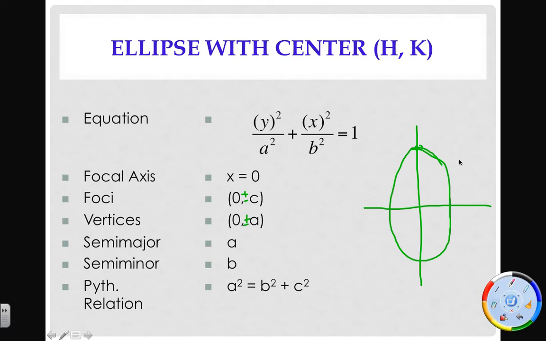This goes with the picture from before, okay? So be very careful when you're looking at this Pythagorean relation, because it's not what you think of when you think of the Pythagorean equation.